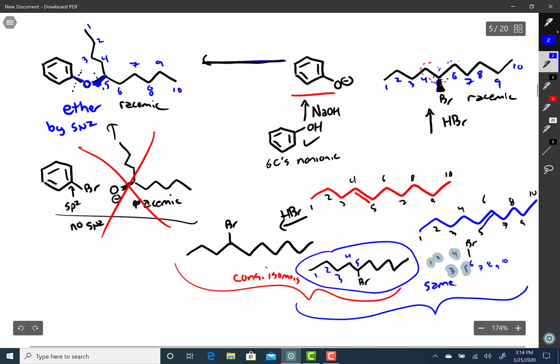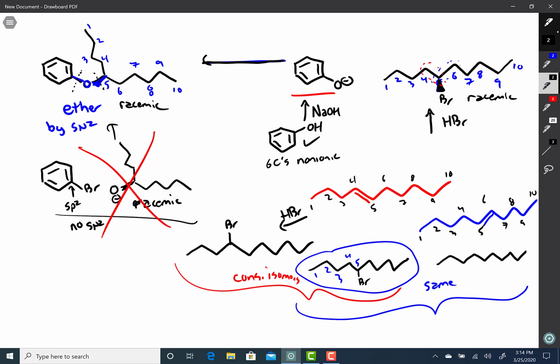That's a problem. It definitely pays to be careful with the carbon counting. 1, 2, 3, 4, 5, 6, 7, 8, 9, 10. 1, 2, 3, 4, 5, 6. Here's the bromine. Now this is correct, because if we count this way, it ends up on carbon 6.